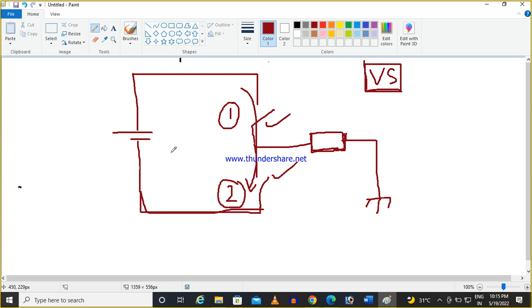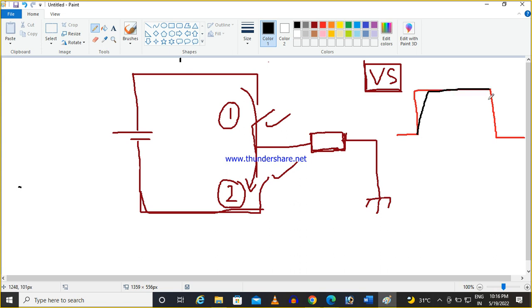Even though we know theoretically that when I give the on command, the switch is immediately on, and when off, immediately it is off, in the actual case this is not happening. When you are giving the pulse, rather than getting on very sharply, it will turn on like this. It will take some time.